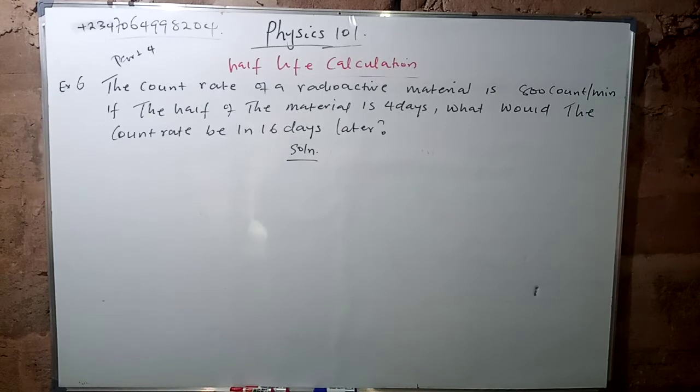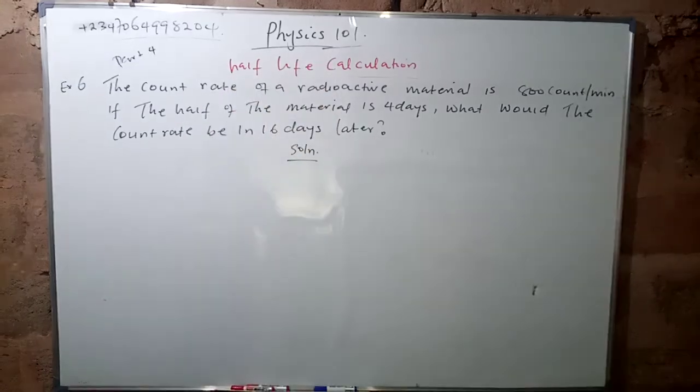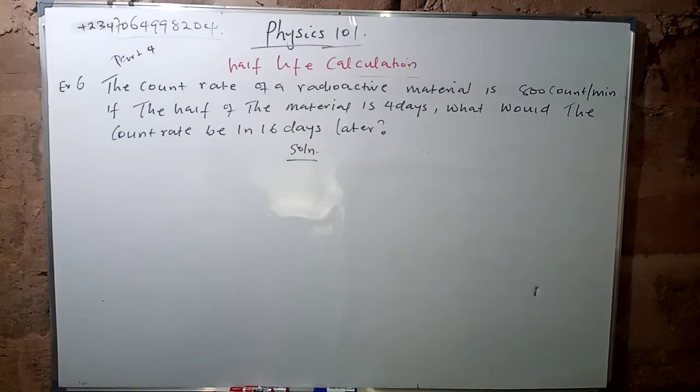Example number 6. I extracted this question from JAMB. A lot of people gave me the question to solve. The count rate of a radioactive material is 800 counts per minute. If the half-life of the material is 4 days, what will the count rate be in 16 days?